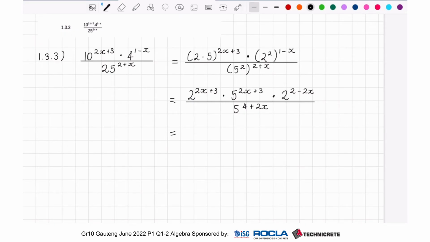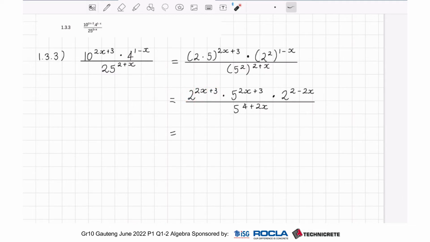All right, and then I can now use my exponent laws. So my exponent laws tell me that if I've got some kind of an expression in the exponents, then that means that that's the same as having this base to the power of one of the terms multiplied by the same base to the power of the other terms.